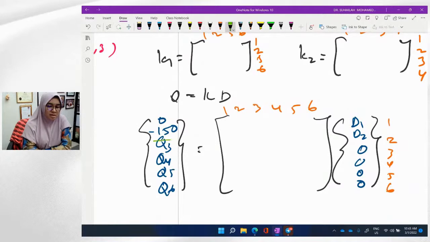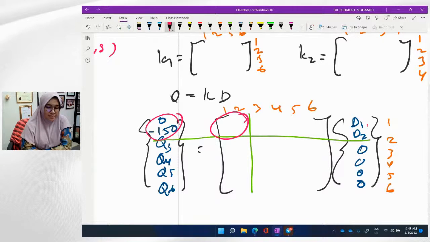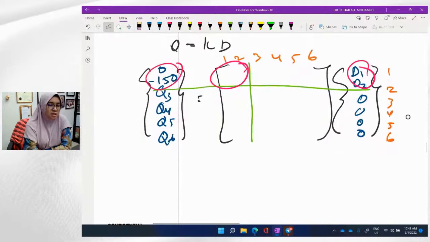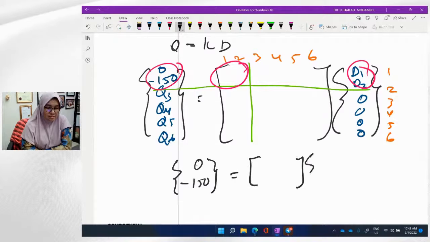Okay, the boundary is here. So it is just like we analyze only this. To solve for the unknown displacement, by considering only the unconstrained system because displacements are all zero, we will have only D1 and D2.